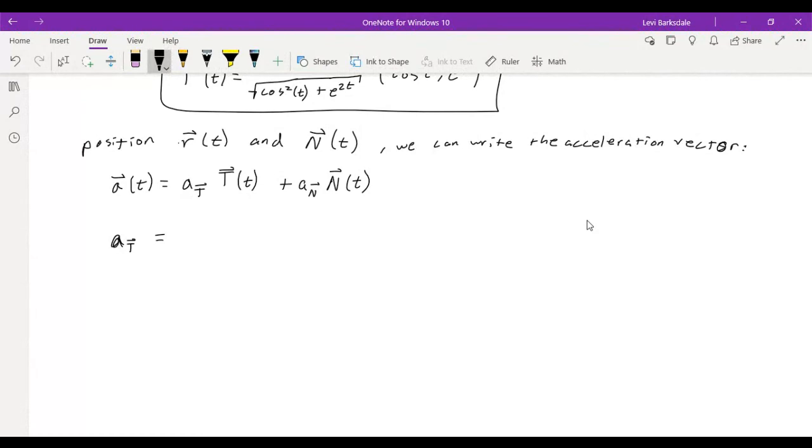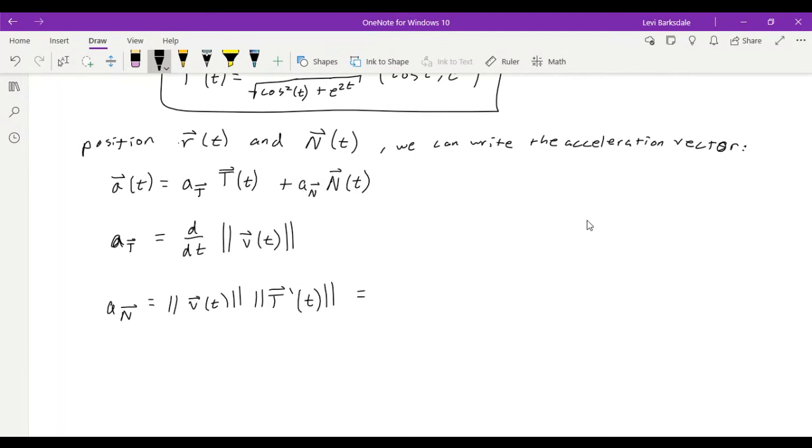Your tangential acceleration is going to be the derivative of the magnitude of your velocity. And your normal acceleration is going to be equal to the magnitude of your velocity times the magnitude of the derivative of your unit tangent.